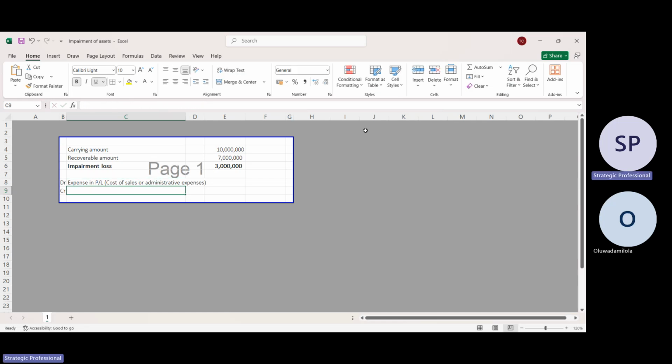So you are going to debit expense in P&L, cost of sales or administrative expense, and credit the asset account. So you're debiting this one and you're crediting this one.